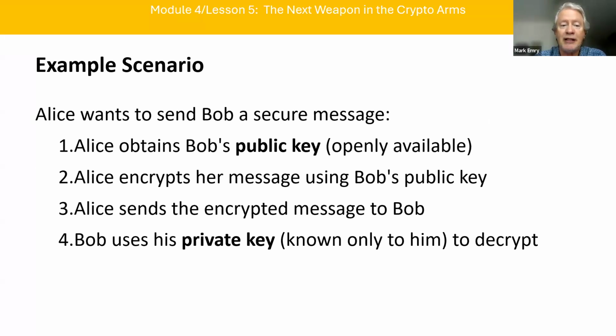Other people can use public keys to send secure messages, but they don't need to know or access the private key. This makes public key cryptography particularly useful for secure communication over an open channel. Hey, like the internet, where it's unsafe to share symmetric key directly. This ensures confidentiality as the only intended recipient, which would be me in the case we talked about, can decrypt and read the message.